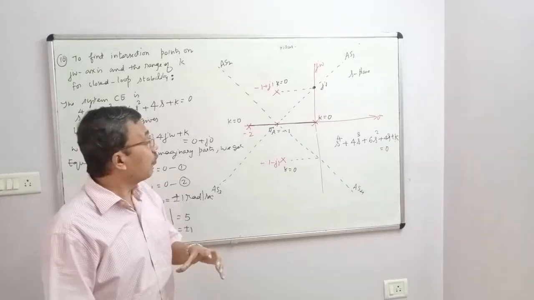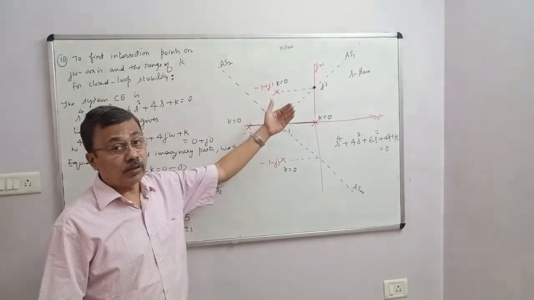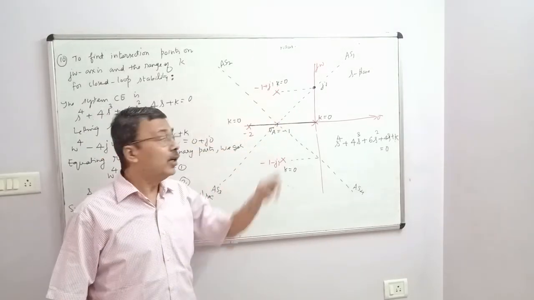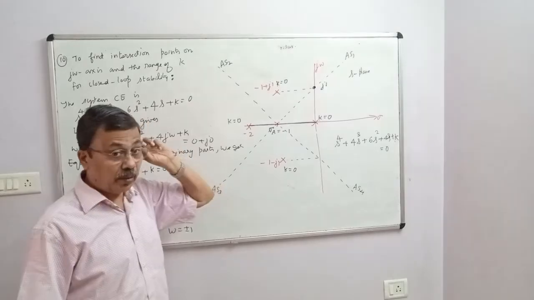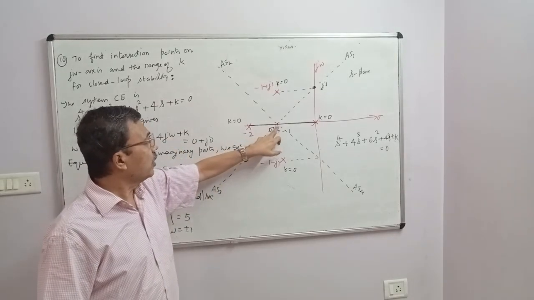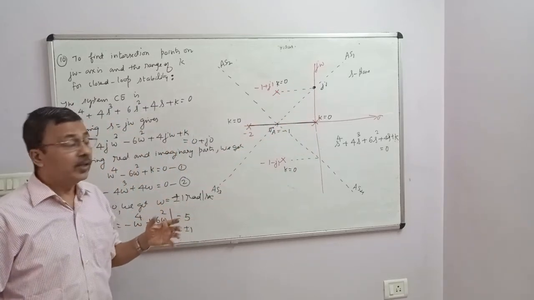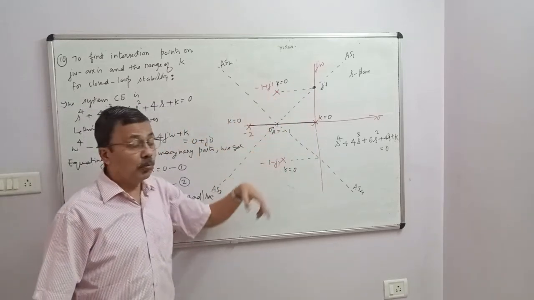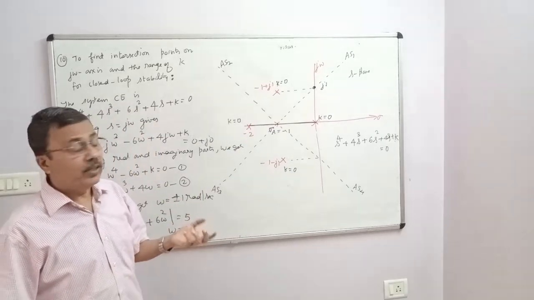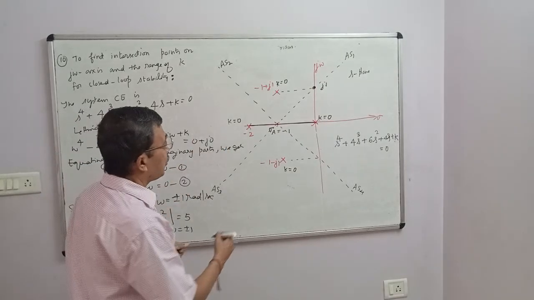Therefore, the asymptotes themselves are the branches. Also, the angles of departure of these two complex poles are minus 90 and plus 90. I repeat, the centroid and breakaway points are the same, the intersection points of asymptotes and root locus branches are the same, and the angles of departure of these two poles are minus 90 and plus 90 respectively. Hence, the root locus is as shown here.